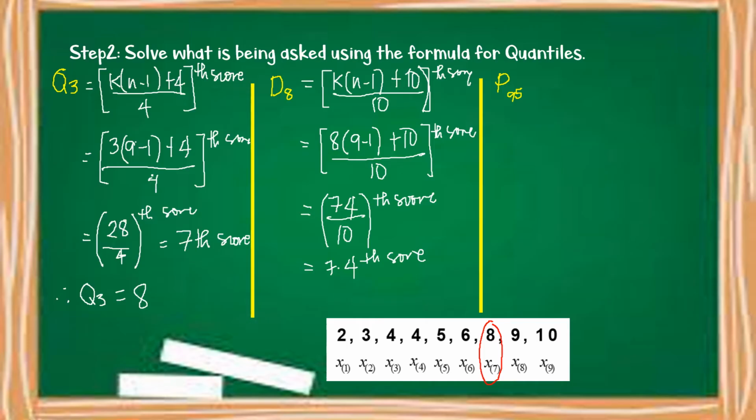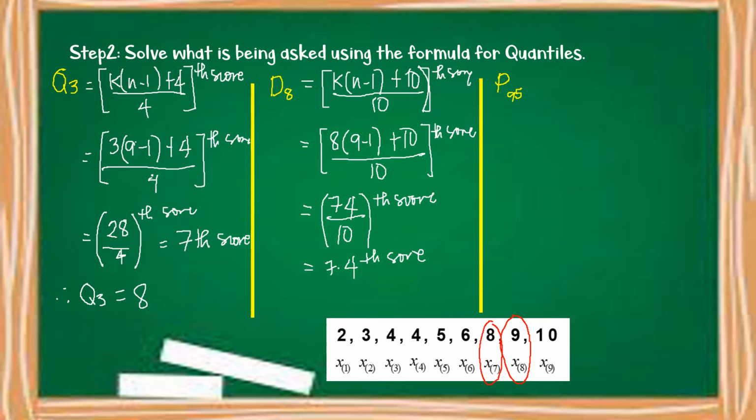So meron na tayong 8, diba? You need to add the 0.4 in the score. But of course, you need to consider the next term kasi nasa gitna yung 7.4. Halos nasa gitna siya. So the next term is this one, right? The 8 and the 9.